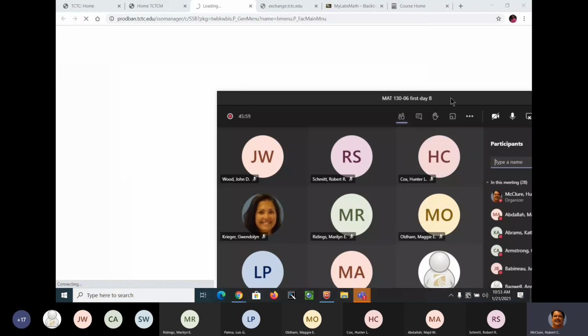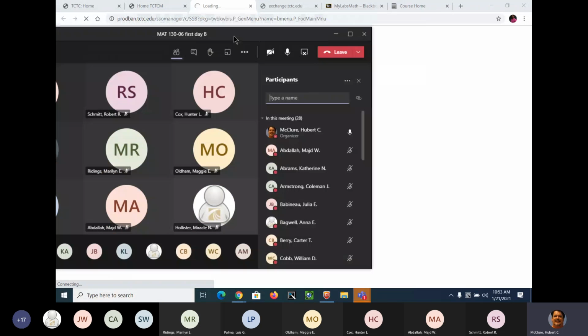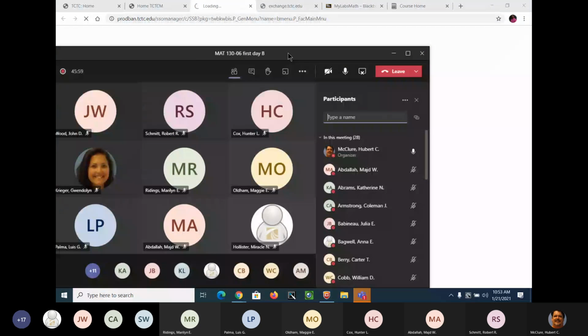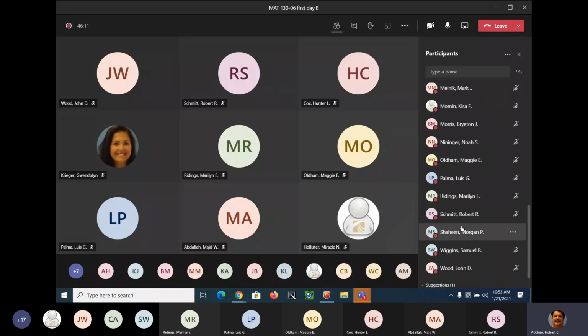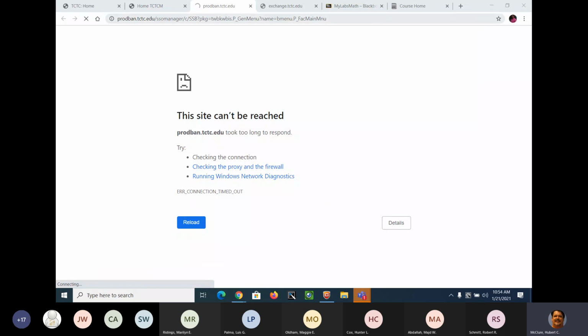On this page, I can see y'all right here. So, can y'all hear me? Anybody? Math 130, can y'all hear me? Yes, sir. You're just breaking up.